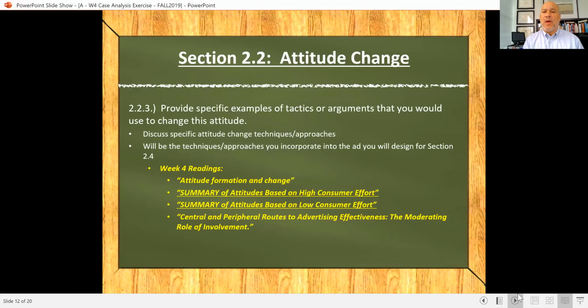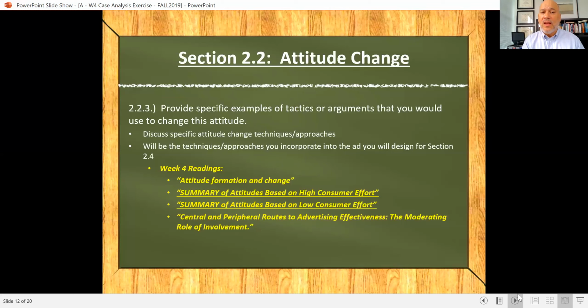This is an important section because these are the attitude change techniques or approaches that you're going to use for your ad. This will link to section 4. So be sure to approach this and know that you're going to apply this in your ad.